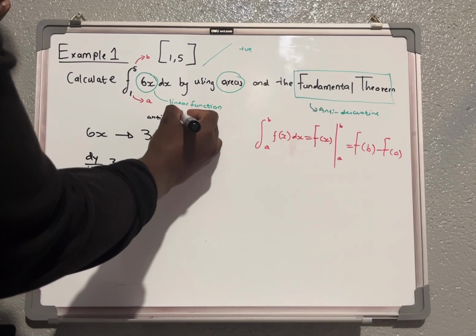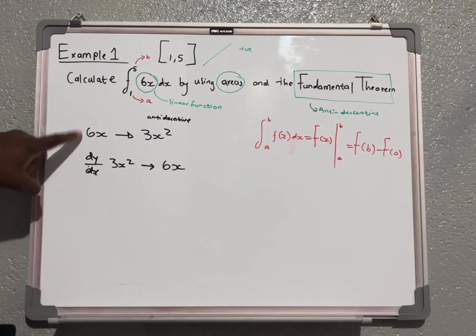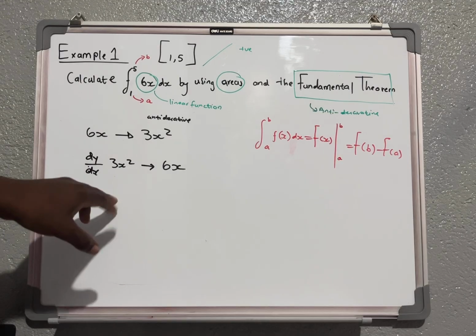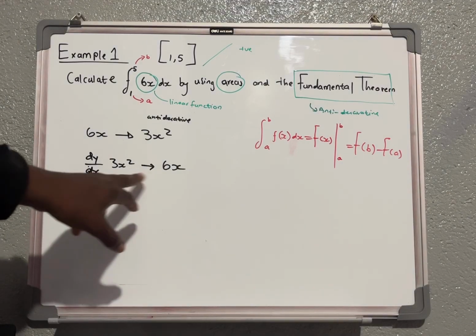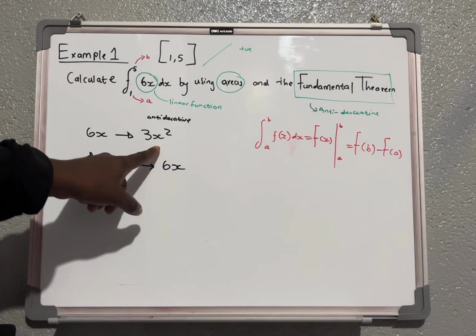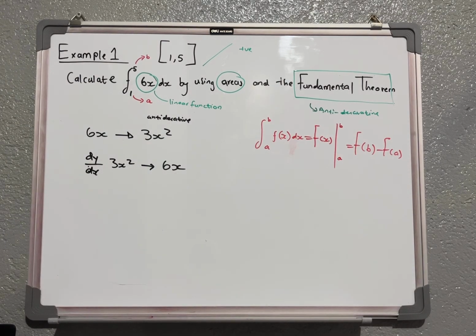So what if they give you 6x and you don't know how to arrive at this antiderivative, but you do know how to differentiate 3x squared to get 6x? So now we look at our 6x in order to arrive at the 3x squared that I had at the back of my mind.